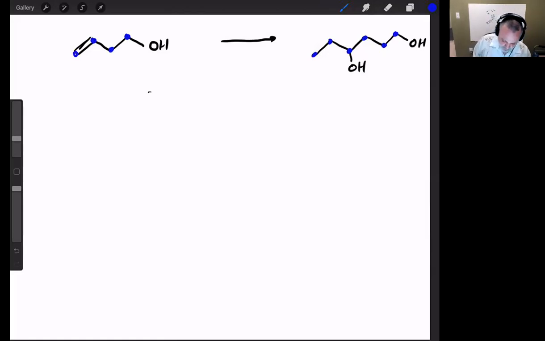So at some point, we're going to need to add 2 carbons. I can do that with a Grignard reagent, or I can do that with alkylation. Let's forget about alkylation for now. I'm sure you could accomplish the transformation with alkylation, but I want to talk about it for Grignard's sake.